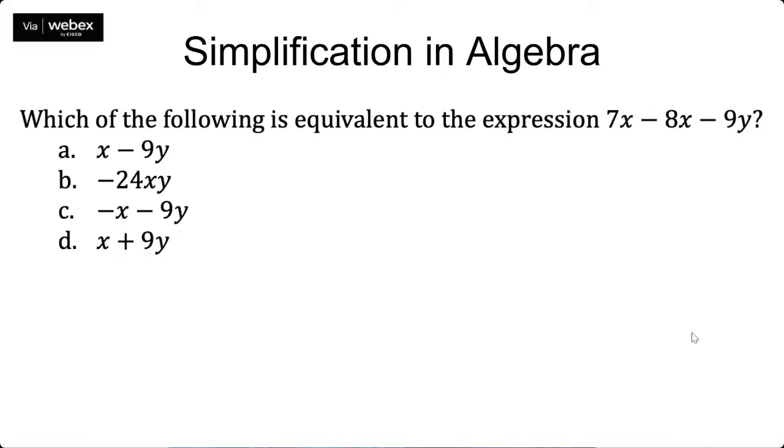So the best answer for this is going to be C. Anybody confused on why C is the best answer? I'm waiting about 5 more seconds to see if anybody's confused. Okay, Rolando, thank you for clarifying that for me. Keep that in mind, okay? We don't want to make mistakes when we're doing that exam.